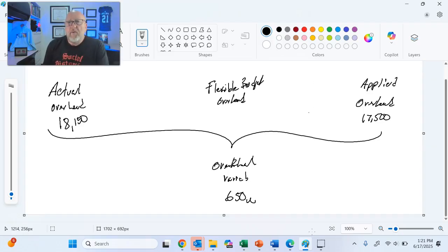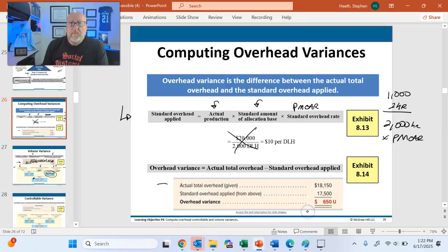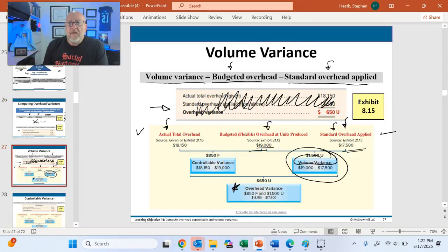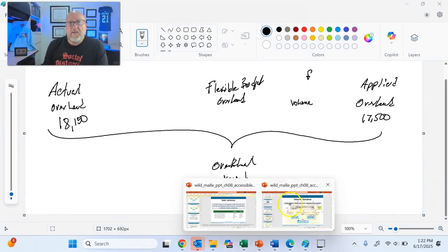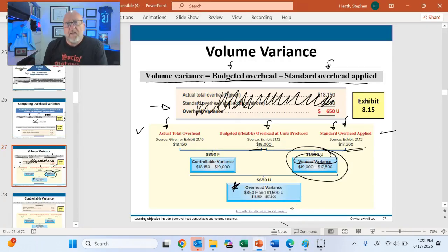And now we know the formula for this first one, which is volume. The volume variance is standard overhead applied minus the flexible budget. And now we need to find out what our flexible budget assumption was in these PowerPoint slides.